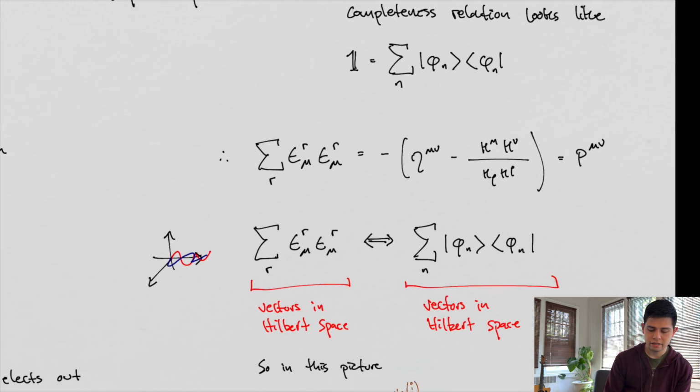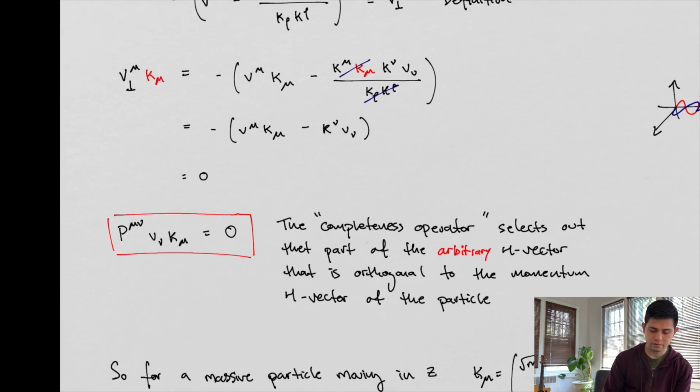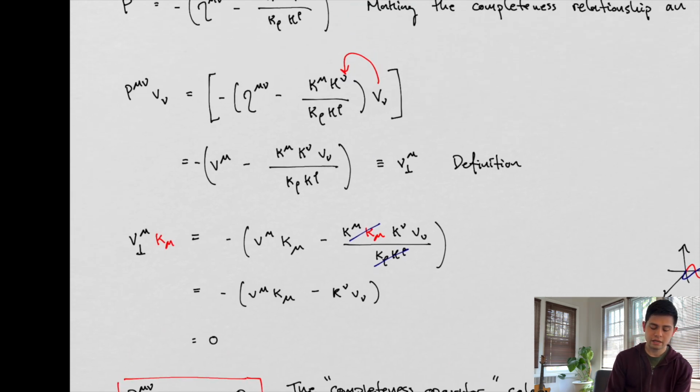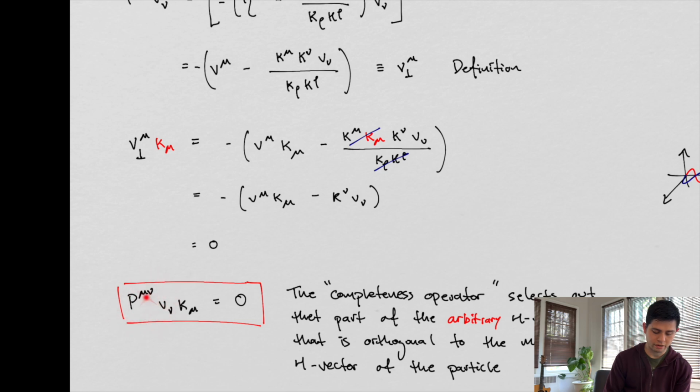I want to really press this because we looked at this operator, again, what it did. This operator here takes two vectors, brings it to 0. That's kind of interesting.